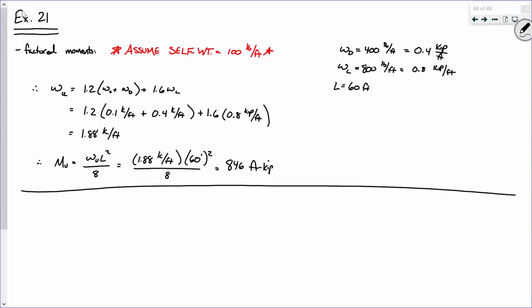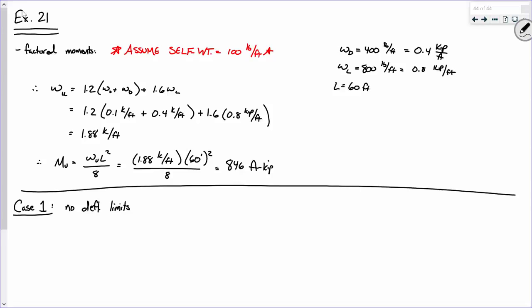Now, we're going to do this problem twice. The first one we're going to do is Case 1, no deflection limits. Because we have a beam that is continuously braced, we know that its capacity is phi Mp.